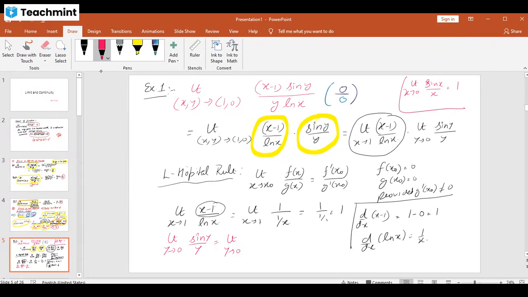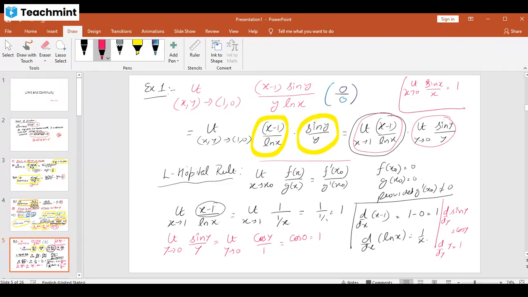The derivative of sine y with respect to y is cos y. And the derivative of y with respect to y is 1. So it means that this is equal to cos y upon 1. Now the function is defined at the point y equal to 0. So in this case, the limit of the function is cos 0, and cos 0 is equal to 1. So what do we find out here? The limit of this particular function is 1, and the limit of this function is also equal to 1.